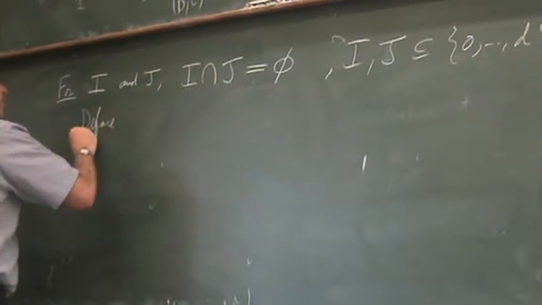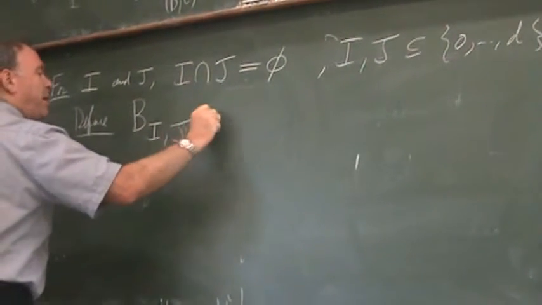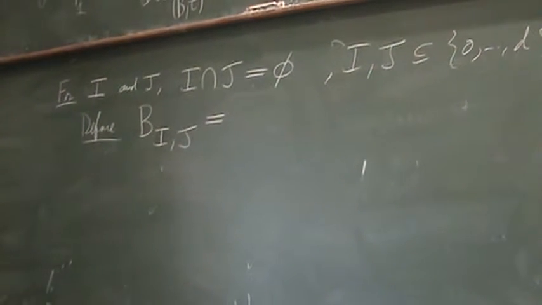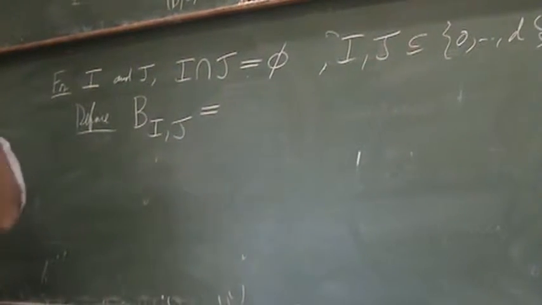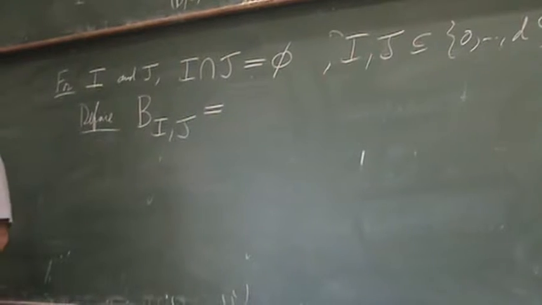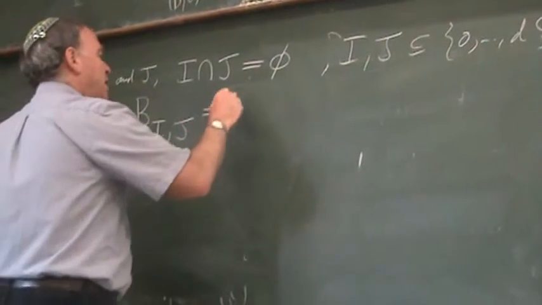I will define the graph B_ij. This will be a bipartite graph. I have a d-dimensional simplicial complex, and I'm defining a bipartite graph out of it in the following way.